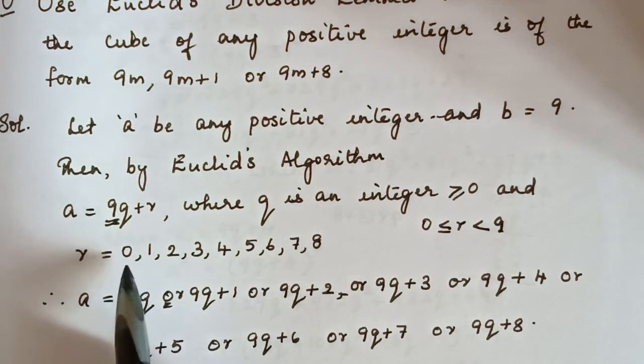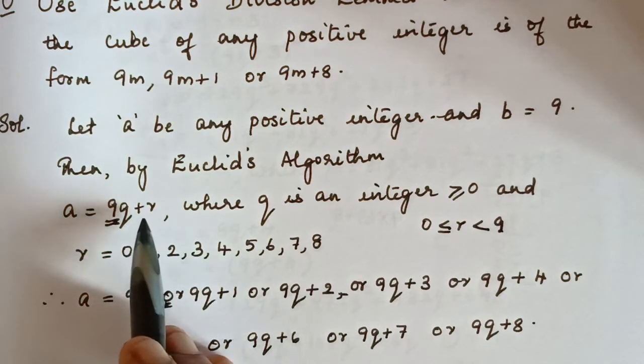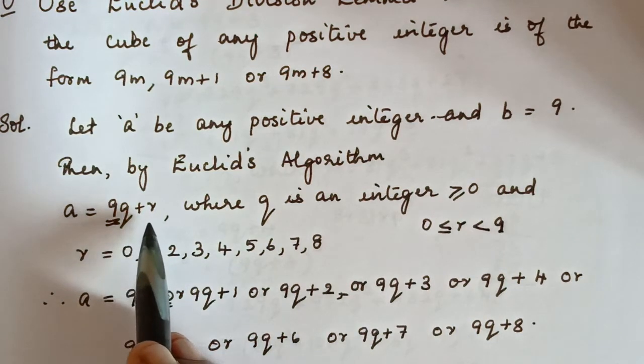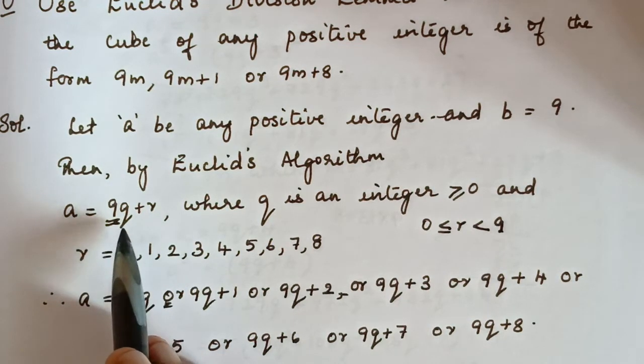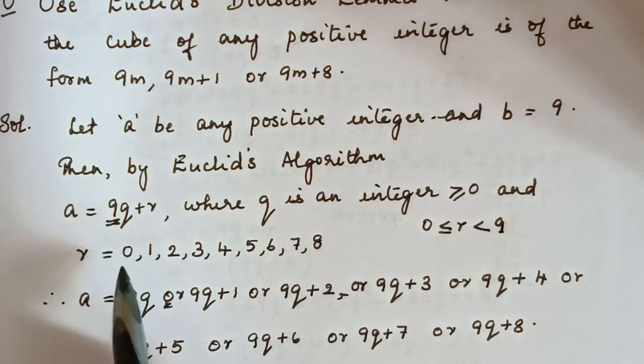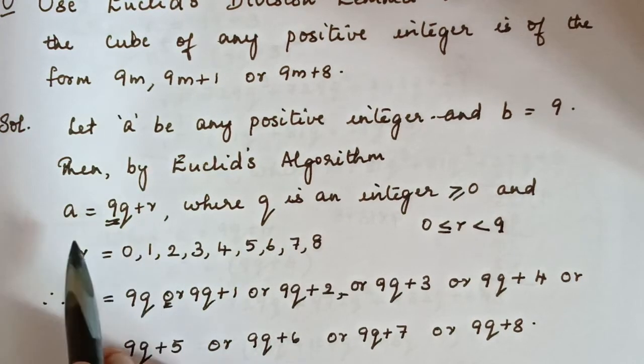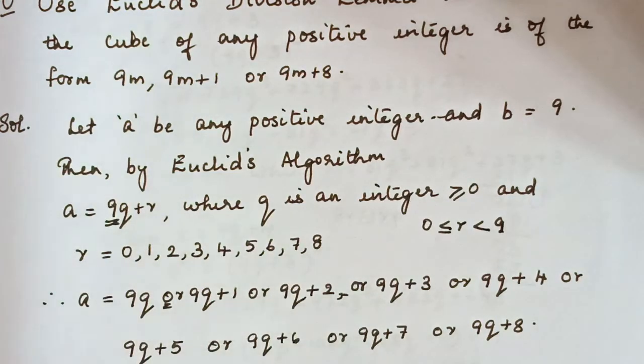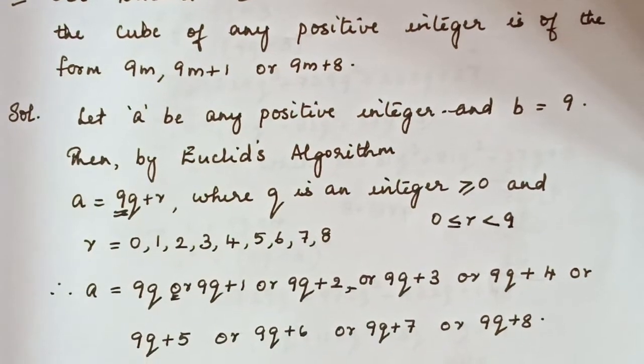Because if r is equal to 0 and you substitute in a is equal to 9q plus r, it becomes a is equal to 9q. When r is equal to 1, a is equal to 9q plus 1. Like that we have to write up to 9q plus 8.